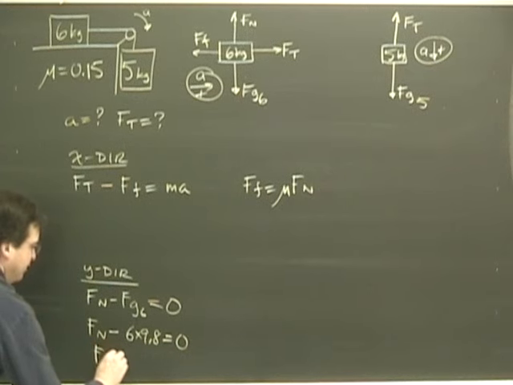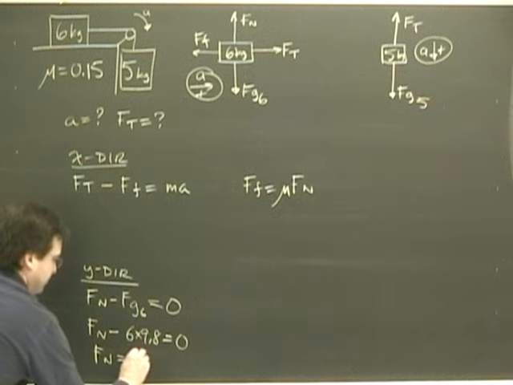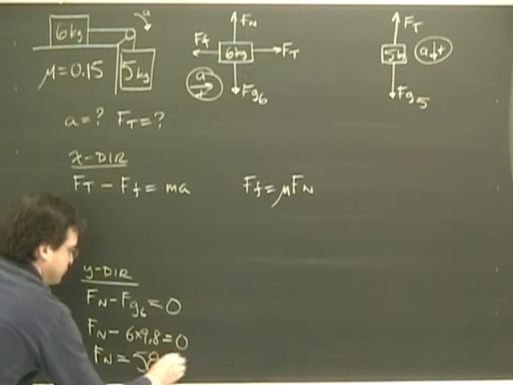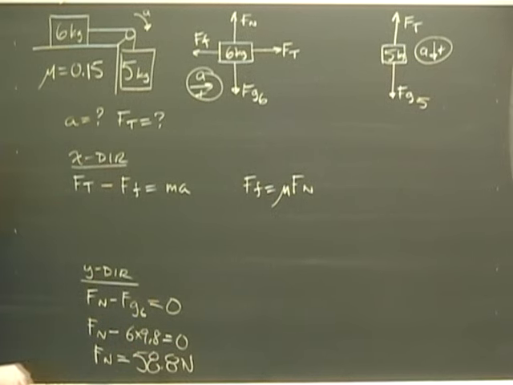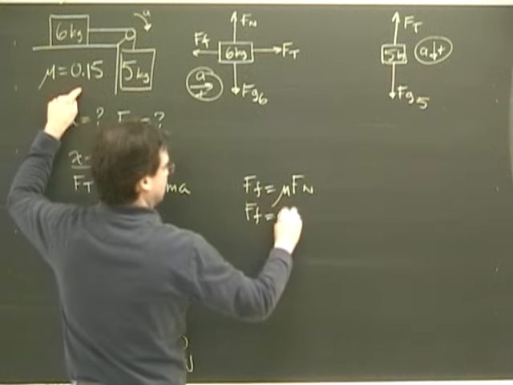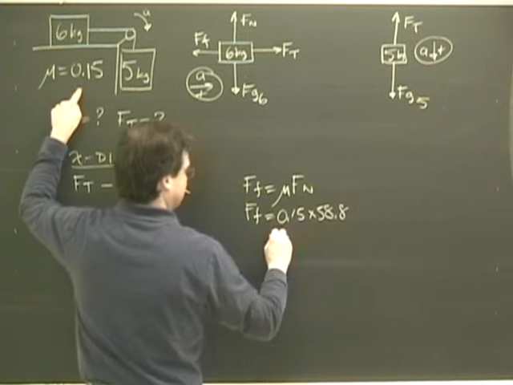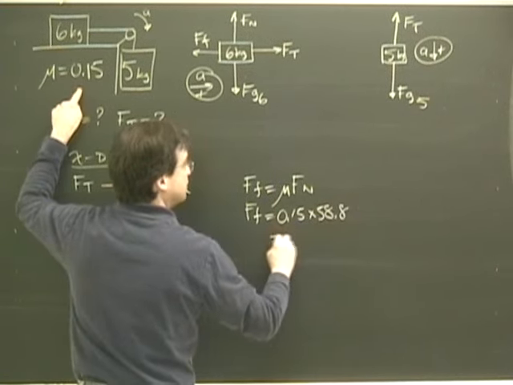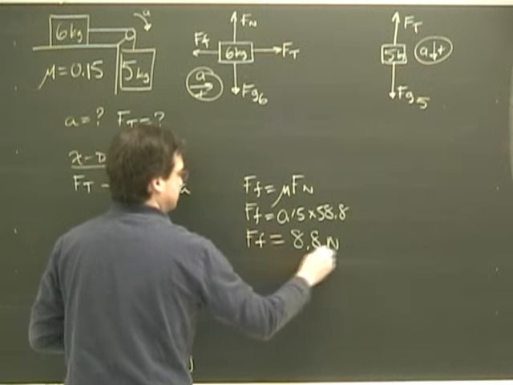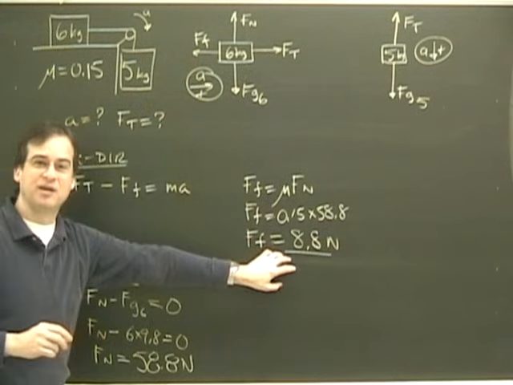So Fn equals 58.8 newtons. So I can plug that in here. Force of friction equals 0.15 times 58.8 equals 8.8 newtons. I now know that the friction on this is 8.8 newtons.